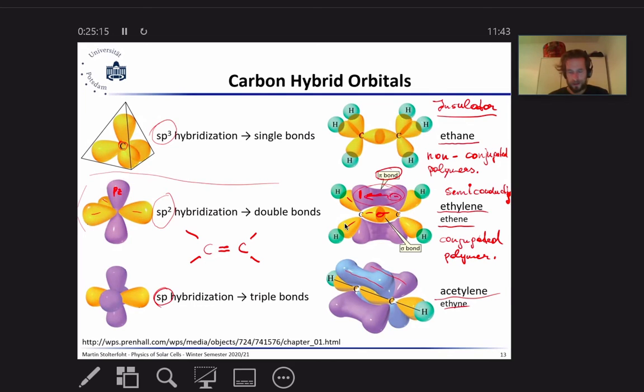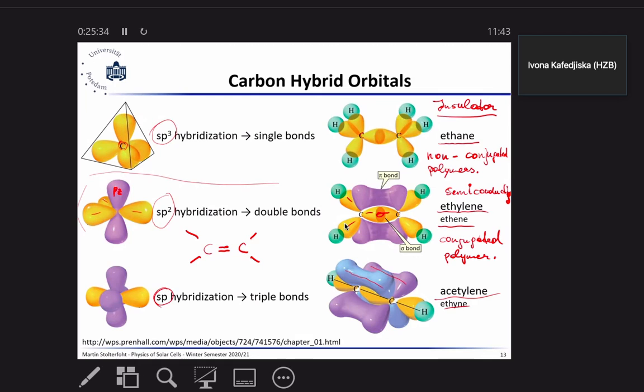In my understanding, the double bond consists of the pi and the sigma, and it is between the two carbon atoms somehow. Okay.